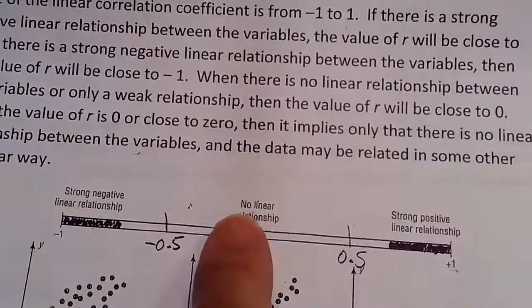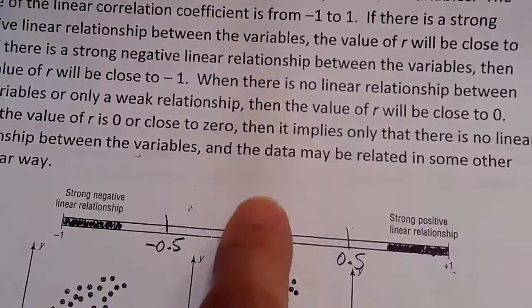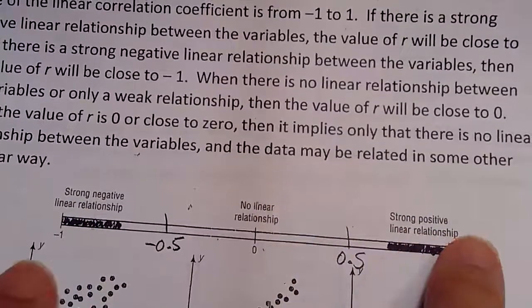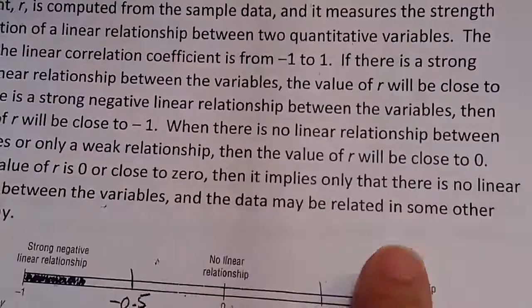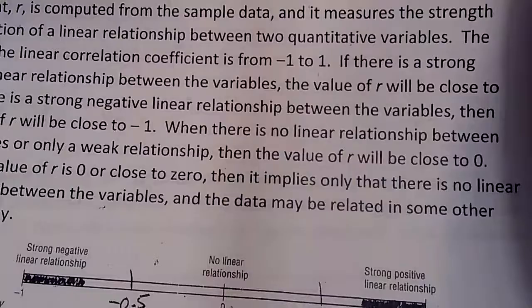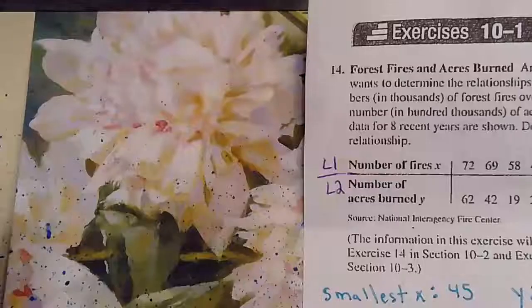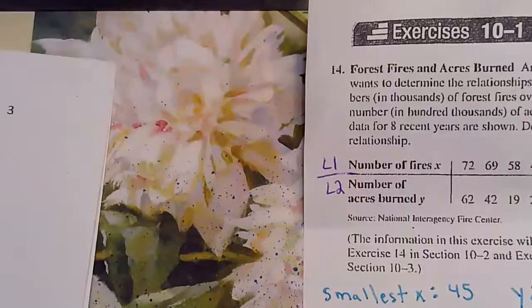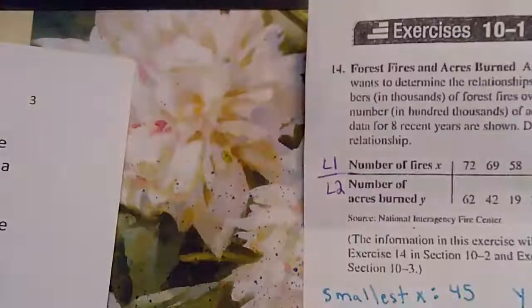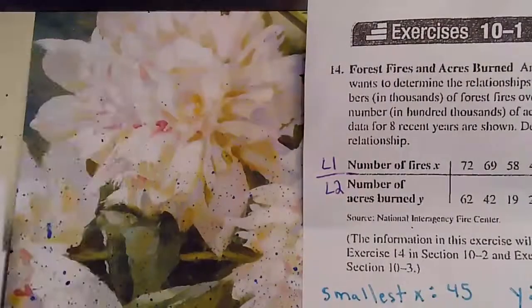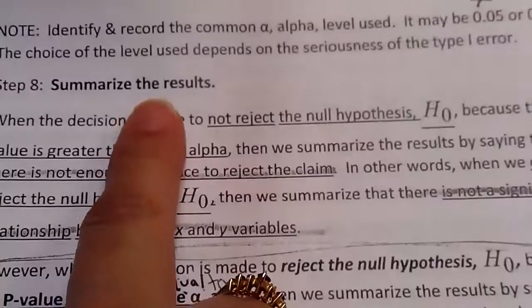What's not strong is if it's around here, right? But 0.771 is strong. So you had a linear relationship, and now we have the statistical part using statistical methods and the hypothesis testing. So now here's our summary, this handout here, summarizing the results.